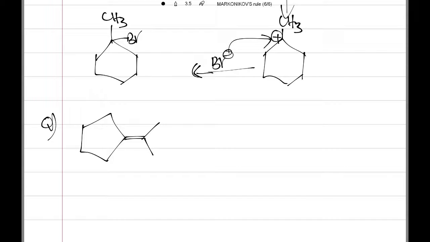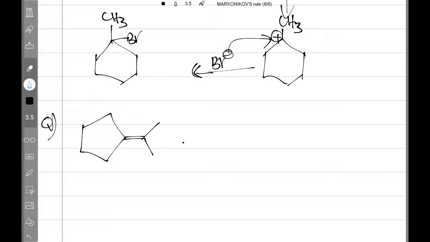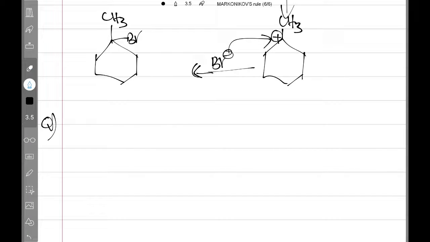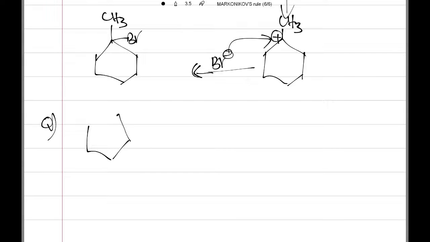Here we have two methyl groups on this double bond. Okay, right. Here this is the C, and this is CH3, and this is the CH2, CH3.